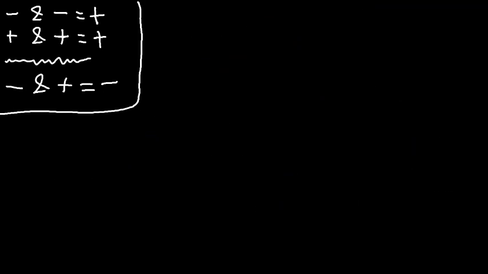Okay, so now let's work on another question. So say we have a question like negative 36 minus 24. And as you can see, we don't have any simplifying to do because there aren't any two signs together.